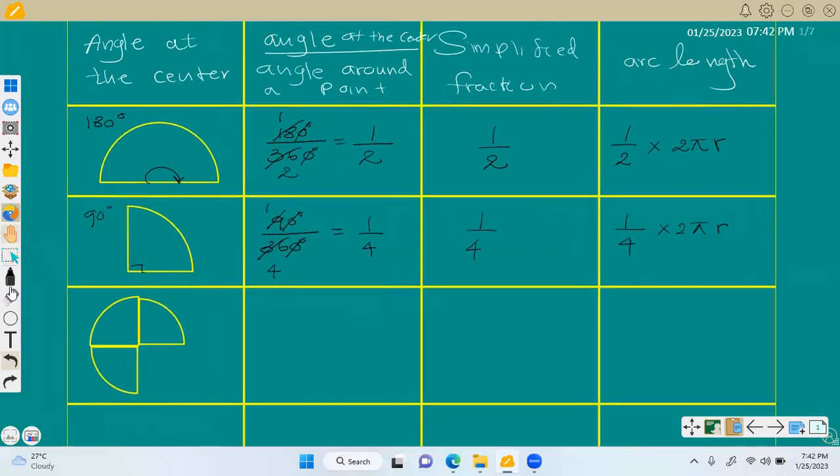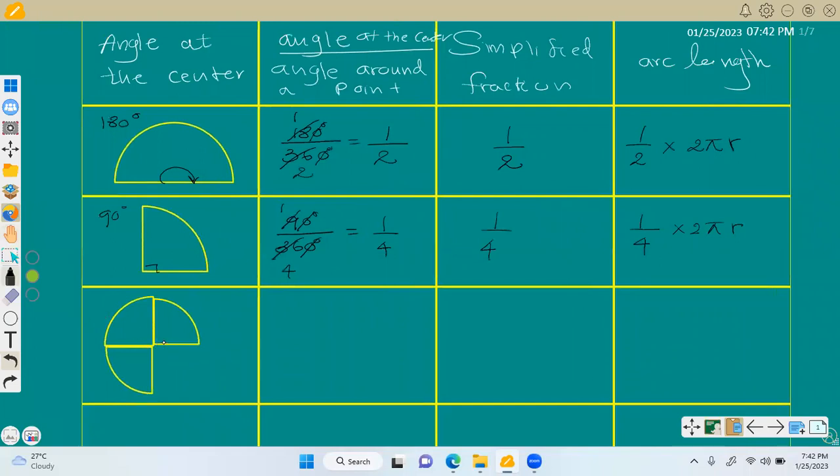We obtain a figure like this when the angle at the center is 270. Okay, that means when we have 270 degrees. So when it is 270, it is 270 upon 360, then 0 and 0 cancel.